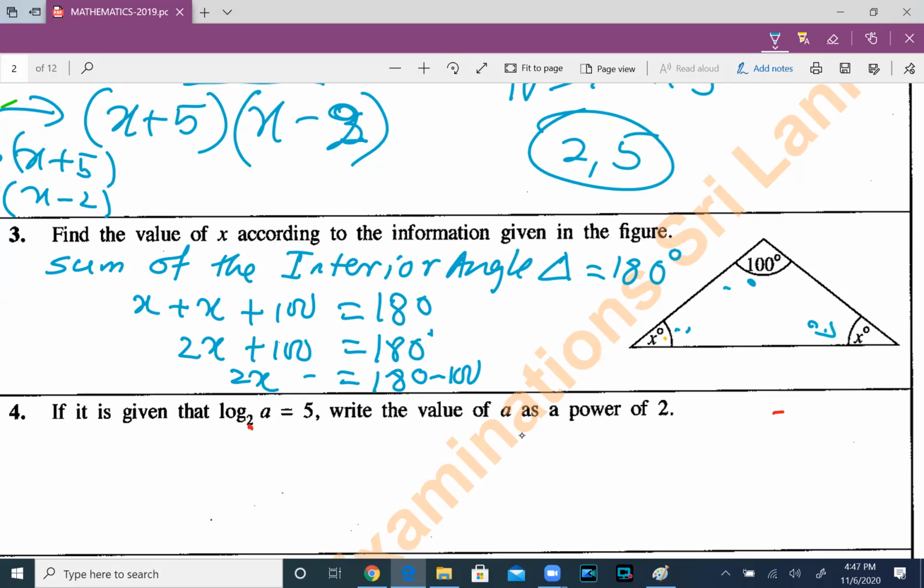So 2x is equal to 80, this is just solving. This is the chapter about interior angles: the sum of the interior angles is 180. After this, that is basic solving. Both sides we are dividing by 2, so then x will be equal to 40.